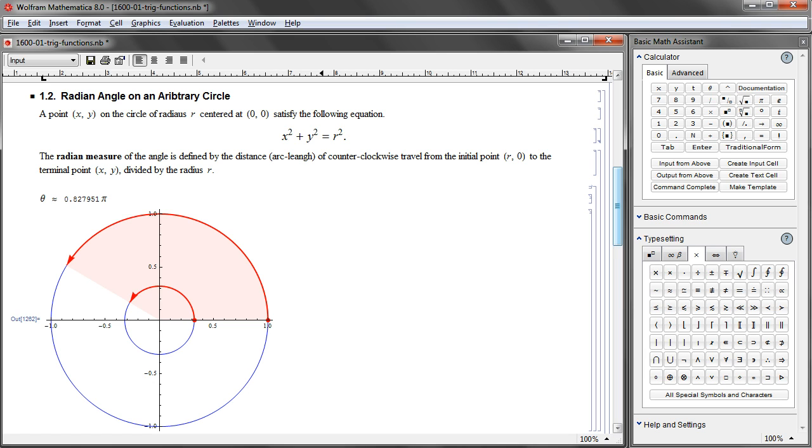However, I have to say it is a little bit less precise, to tell the truth, because you have to prove, as a matter of fact, that the counterclockwise travel distance divided by r is actually constant, and that it corresponds to the counterclockwise travel distance for the unit circle, and that's a little bit difficult to do.